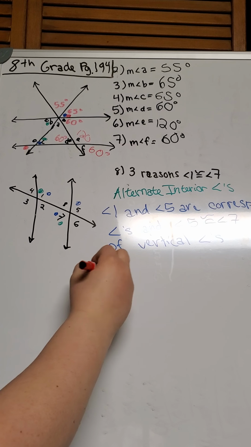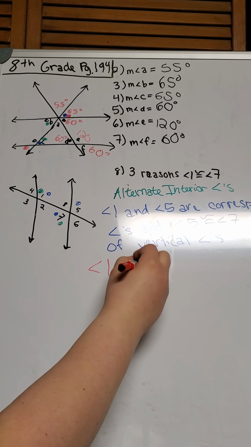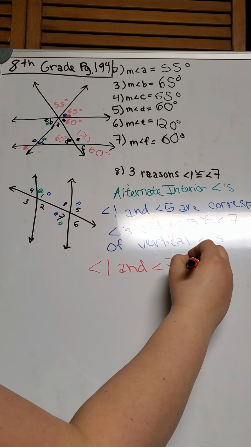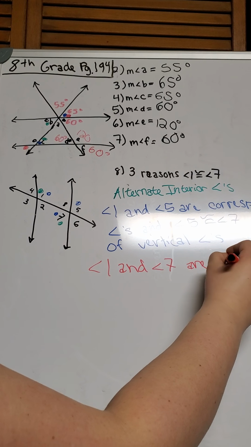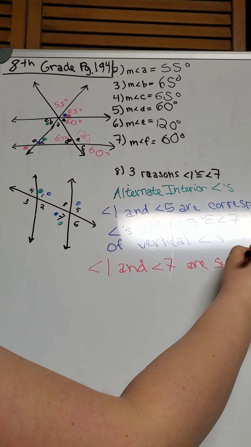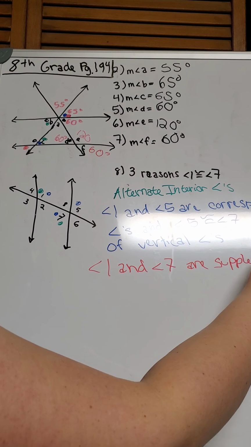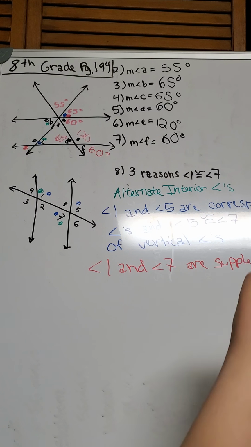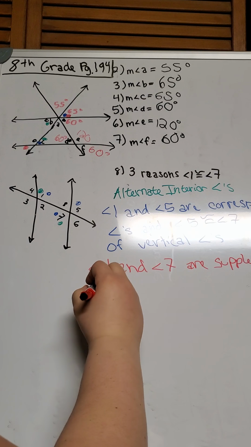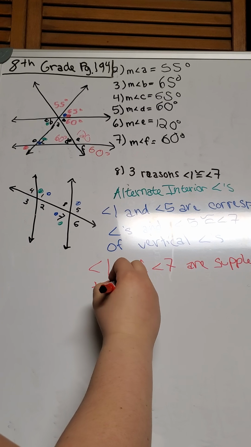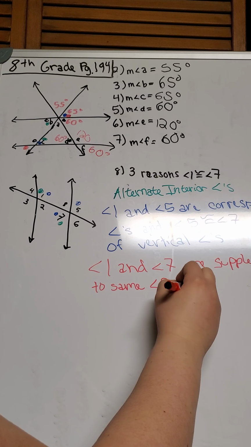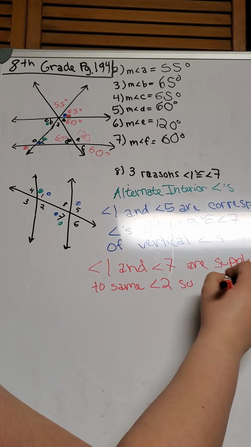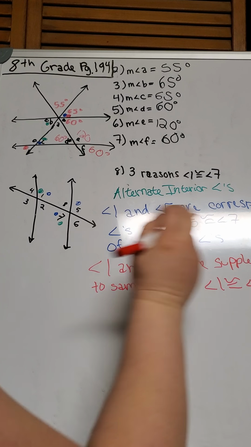So angle 1 and angle 7 are supplementary to the same angle, angle 2, so angle 1 must be congruent to angle 7.